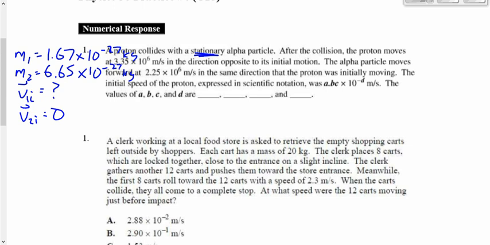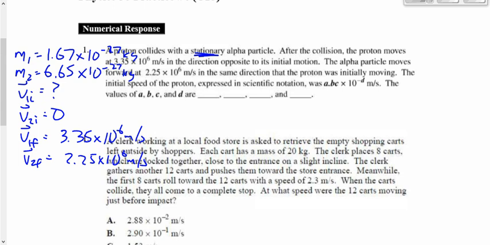What else we got? Well, we got V1F. What's V1F? The velocity of the proton after the collision. 3.35 times 10 to the 6. Okay. So in the end here, let's write down V2F, 2.25 times 10 to the 6 meters per second.